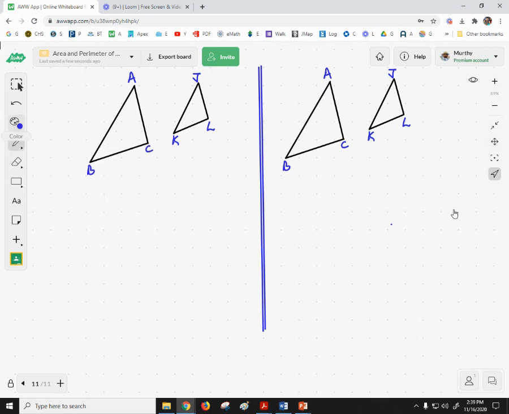randomly I'm taking some numbers. Say that this is 5 and this one is 1.5. This one is 5 and this one is 1.5.